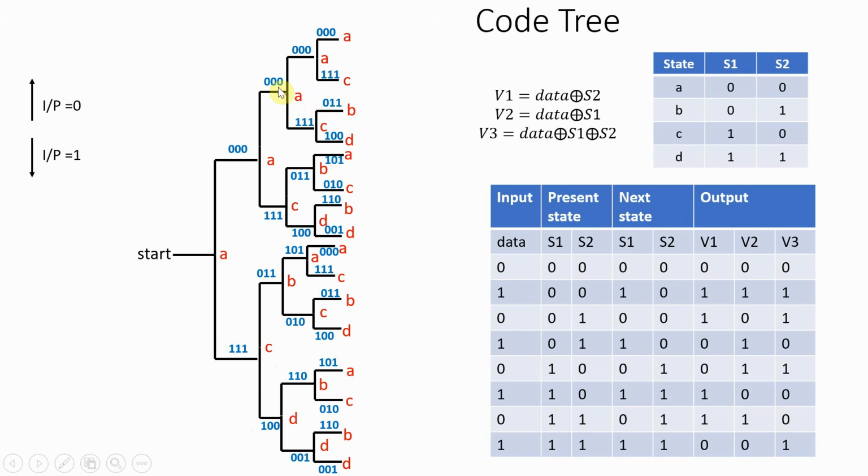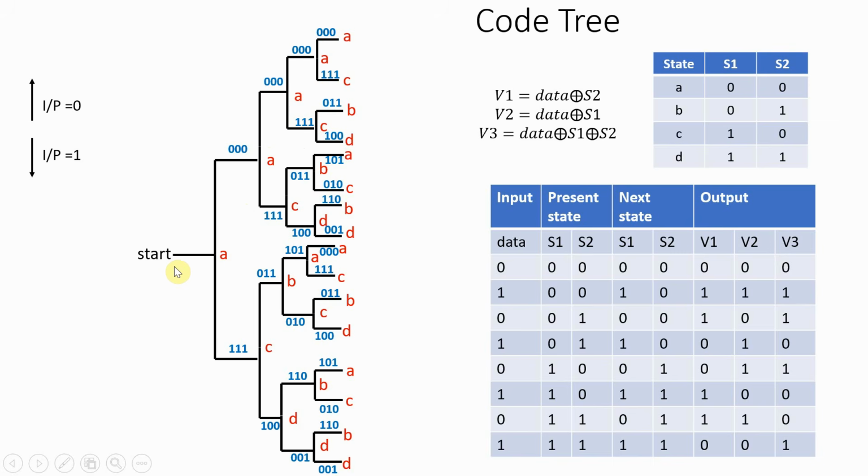We go upwards if 0 arrives, we come downwards if 1 arrives, and we can get the corresponding next state and output using this table. Similarly, for all the states B, C and D, we should create this tree. It looks like branches of a tree. That is why it is called a code tree. I hope you've understood how to create the code tree.